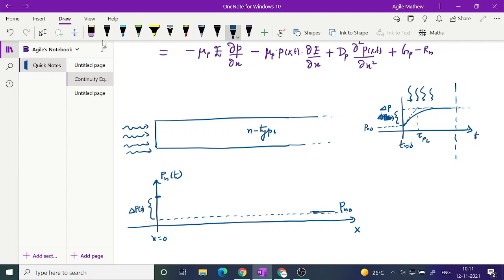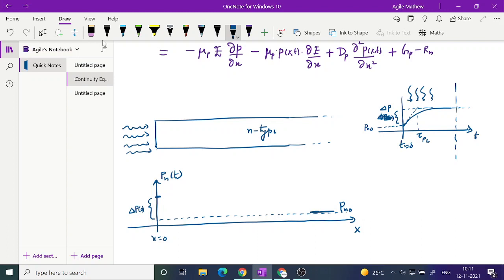Okay, so we expect that it will be Pn0, but at x equal to 0 we have a rise in the concentration, which I am showing like this. Now how the concentration varies with respect to x, that is what we are interested to look into. So that we do not know. Definitely on one side there is higher concentration of holes, and on the other side lower concentration of holes.